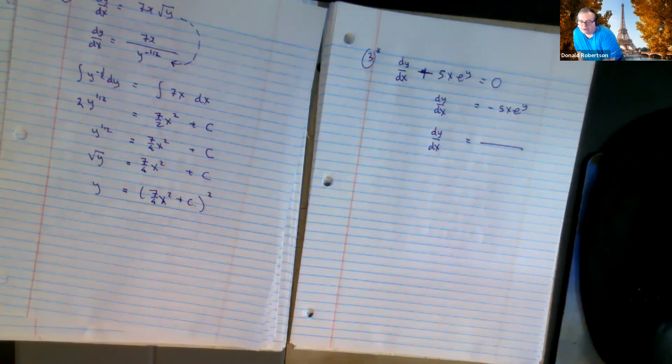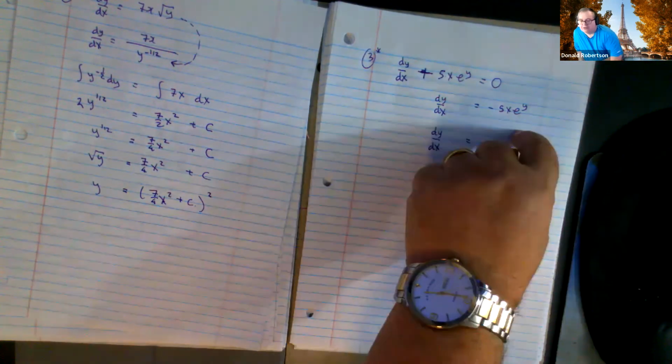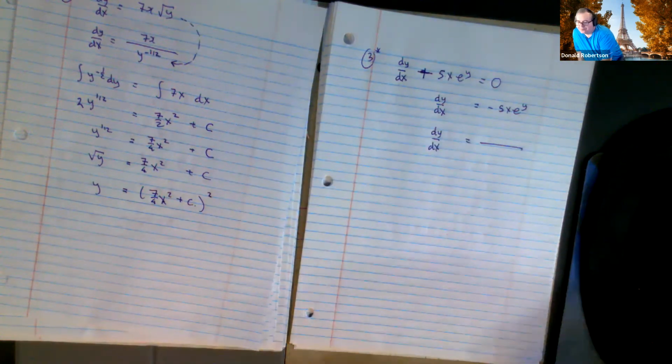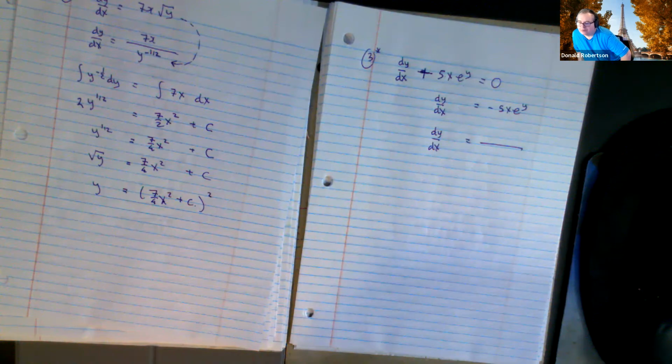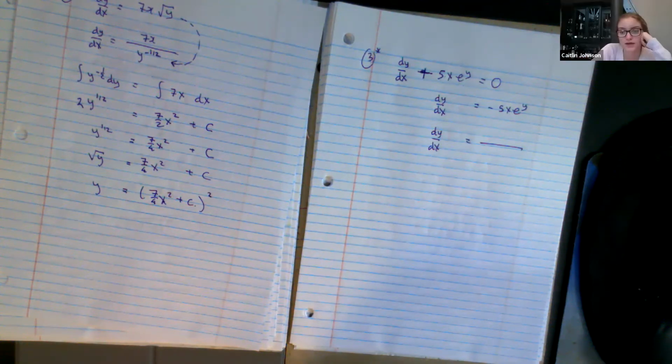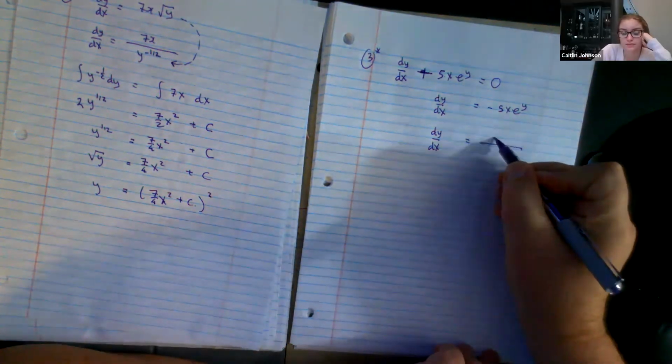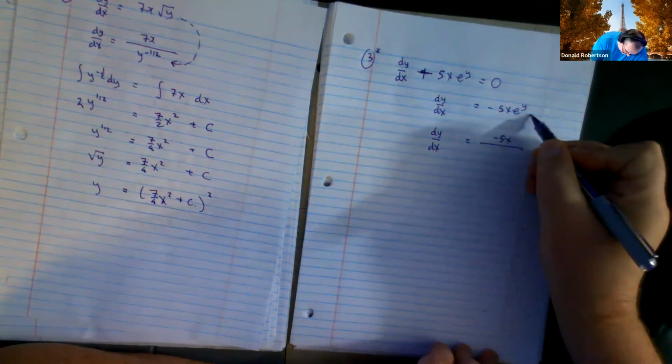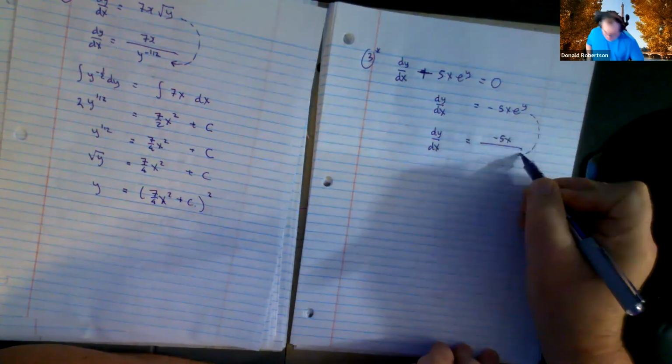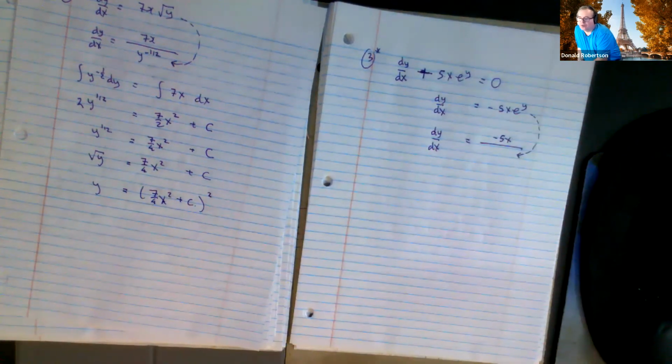Okay, who is going on the top, the numerator in this case? Negative 5x. Okay. Now, what do you think the e to the y is going to look like when we bring it to the bottom, the denominator? And think integration after this, right?